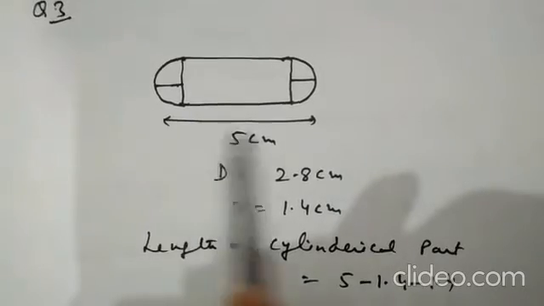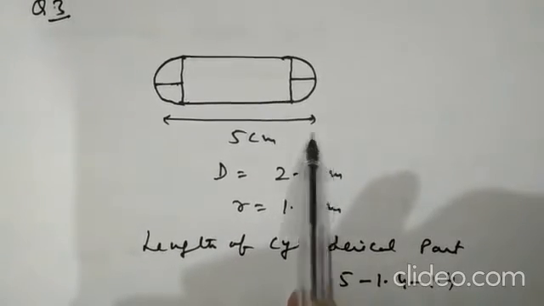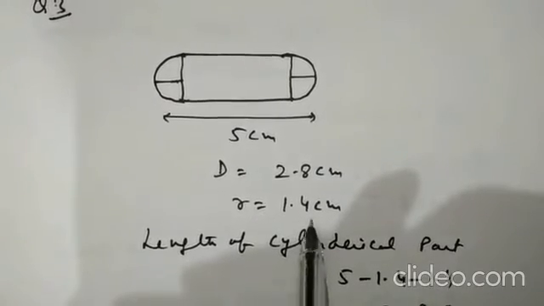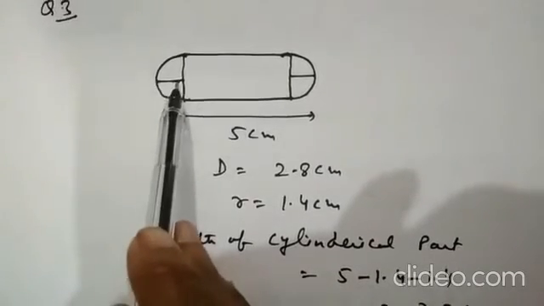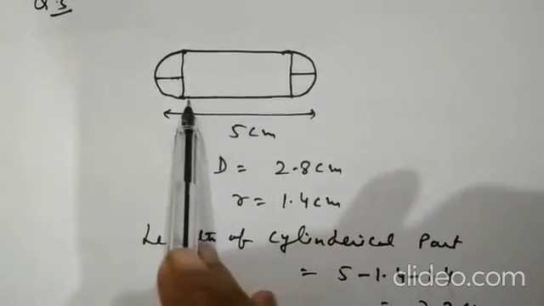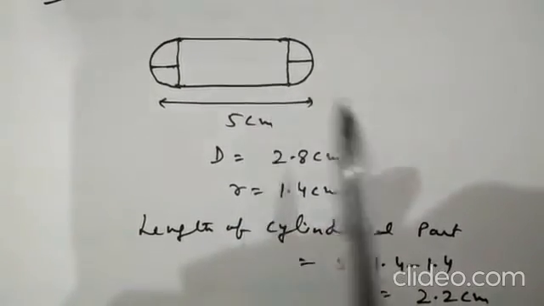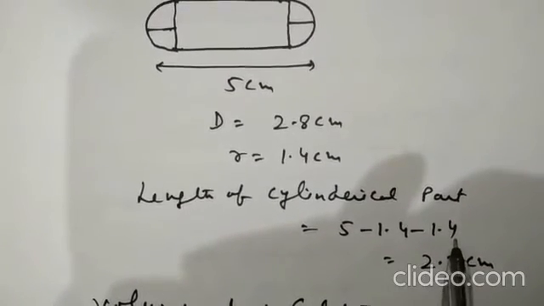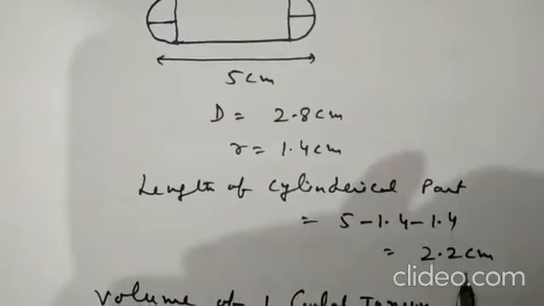So total length is 5 cm, diameter 2.8, so radius is 1.4. It means this is 1.4, this is 1.4, total is 5. So what is the length of cylindrical part? 5 minus 1.4 minus 1.4, that is 2.2.